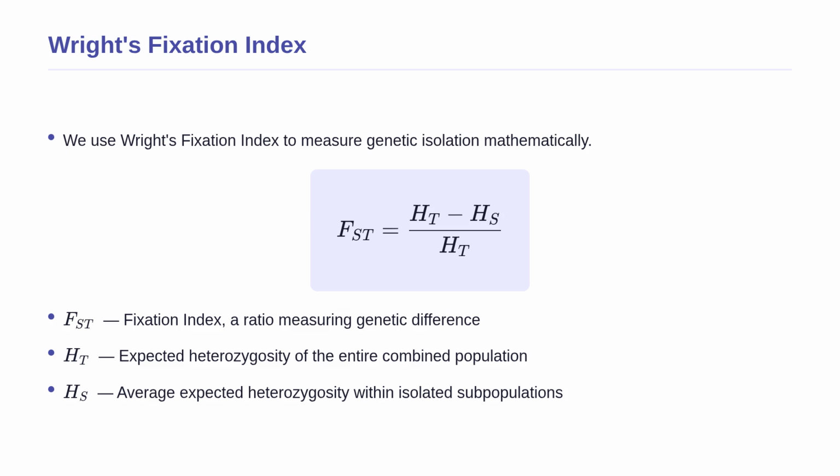HT represents the expected heterozygosity, or total genetic variation, of the entire combined population, as if they were all one big group. HS represents the average expected heterozygosity within the separate, isolated subpopulations. When HS decreases compared to HT, the value of FST increases, indicating that the populations are becoming more genetically isolated from one another.